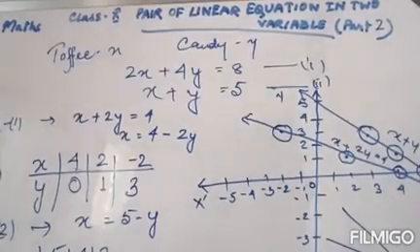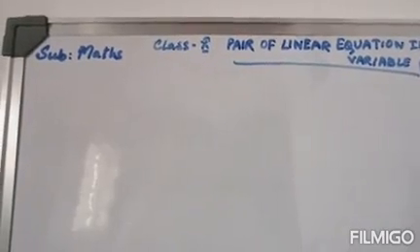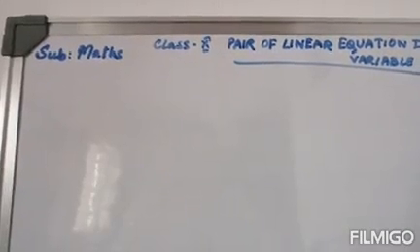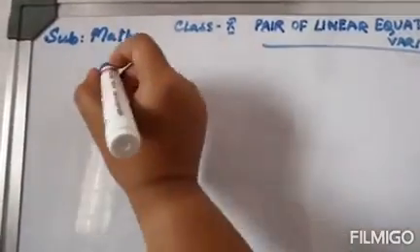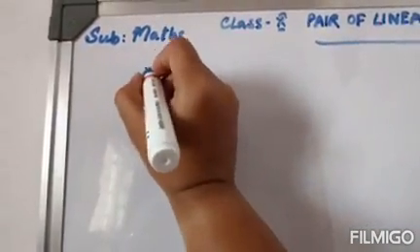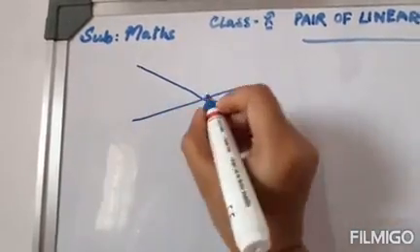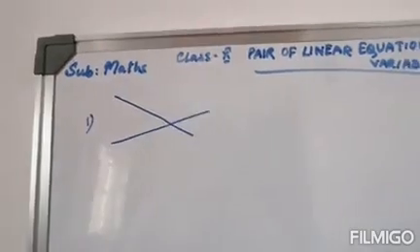So let's see. Now when you plot two equations on a graph, there can be three types of observations. You will see certain equations where the lines will intersect at a point. This can be the first one.